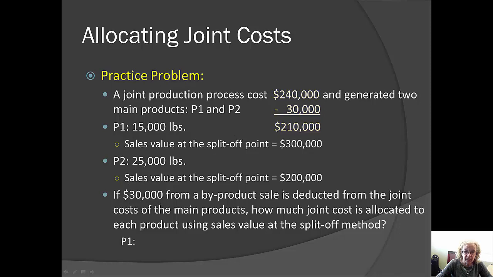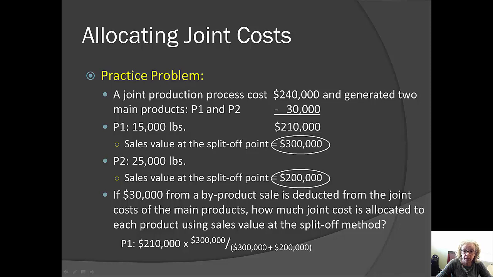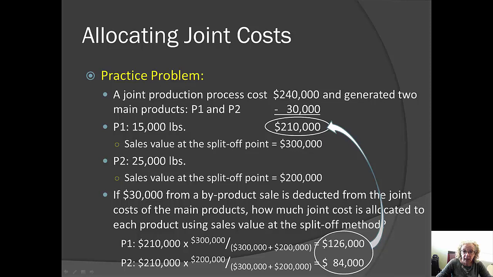If we use the sales value at the split-off method, that means that of that $210,000, 3/5 will go to P1, and 2/5 of that amount will go to P2. Add those up, and they completely explain the $210,000 of joint cost.